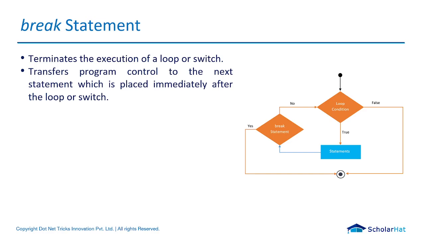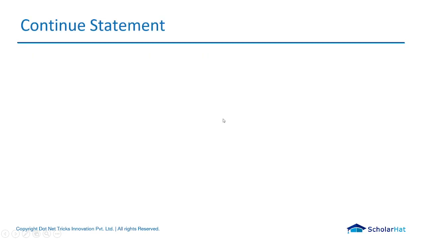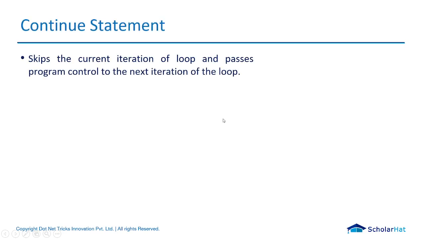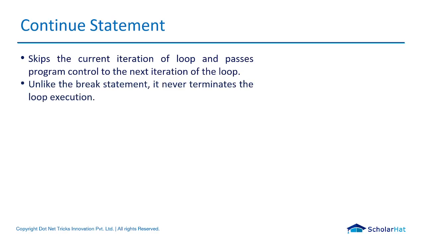Similarly, next is the continue statement, and there we're going to learn what the continue statement basically does. It skips the current iteration of the loop and passes the program control to the next iteration of the loop. So unlike the break statement, it never terminates the loop execution.